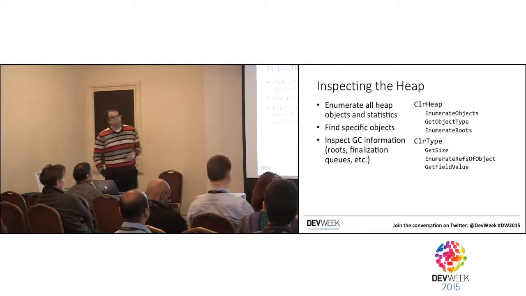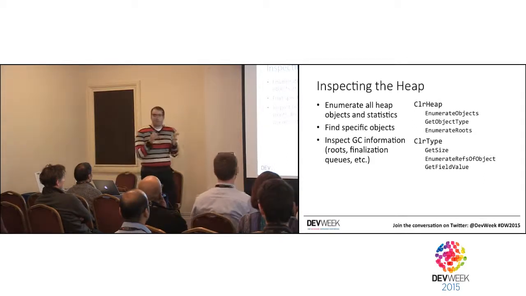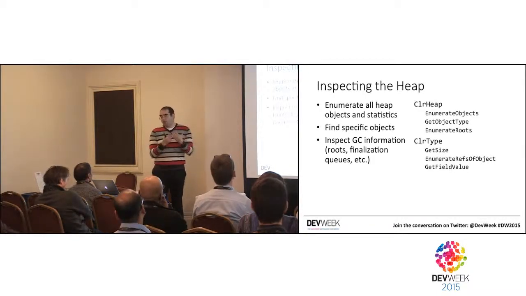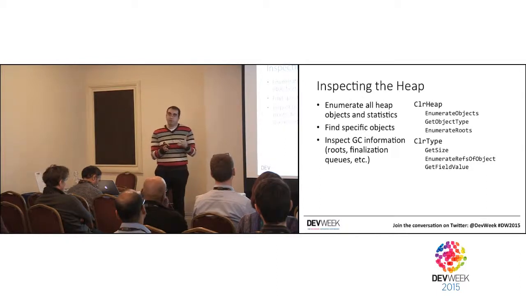So inspecting the heap, there is a number of APIs which you can use to look at all the types you have in memory, instances of those types, actually retrieve in code and then print out, of course, every field and every inner field of every object that you have on the heap.